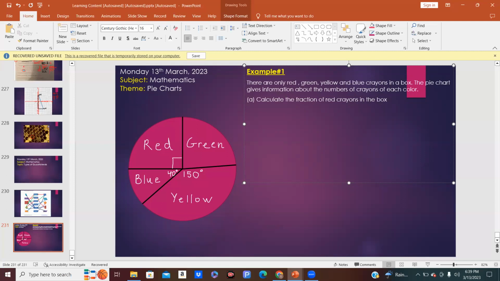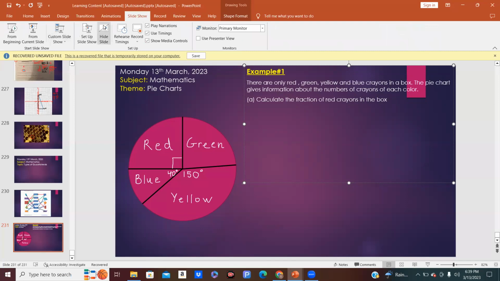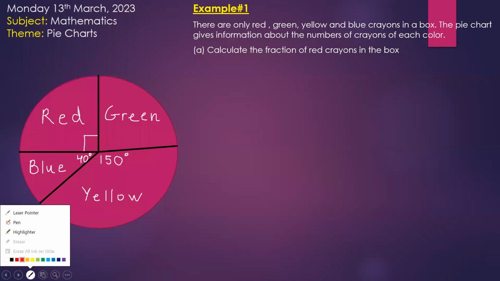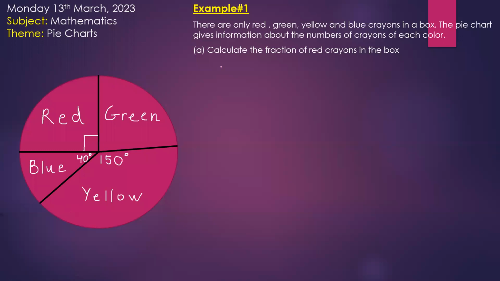Calculate. What's the key word in this question? Fraction? Yeah, fraction is the key word.